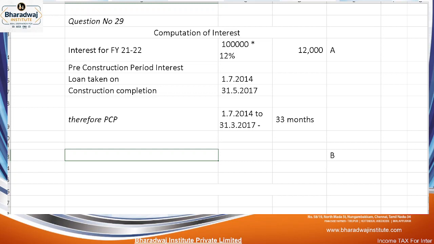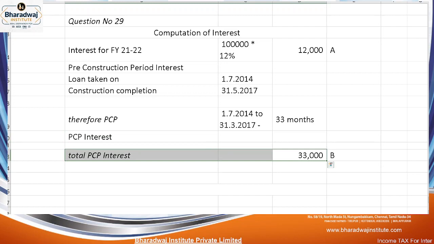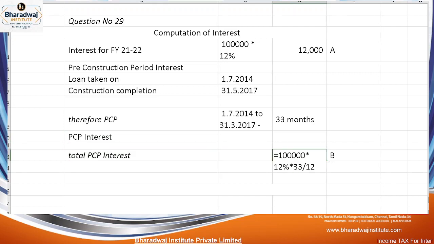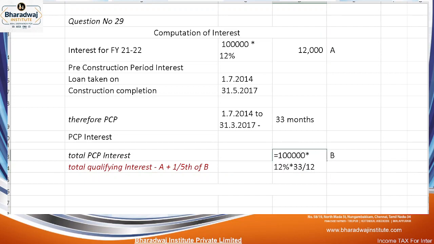So how to calculate interest for this period? 1 lakh into 12% into 33 by 12. Why? Because it is 33 months, so dividing by 12 will give us the annual figure. So allowable interest will be 18,600. That is 12,000 plus 1/5 of 33,000.